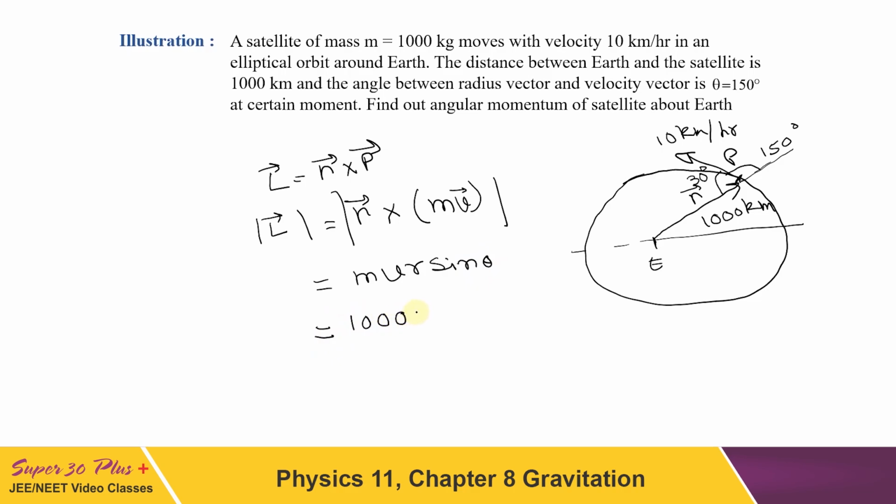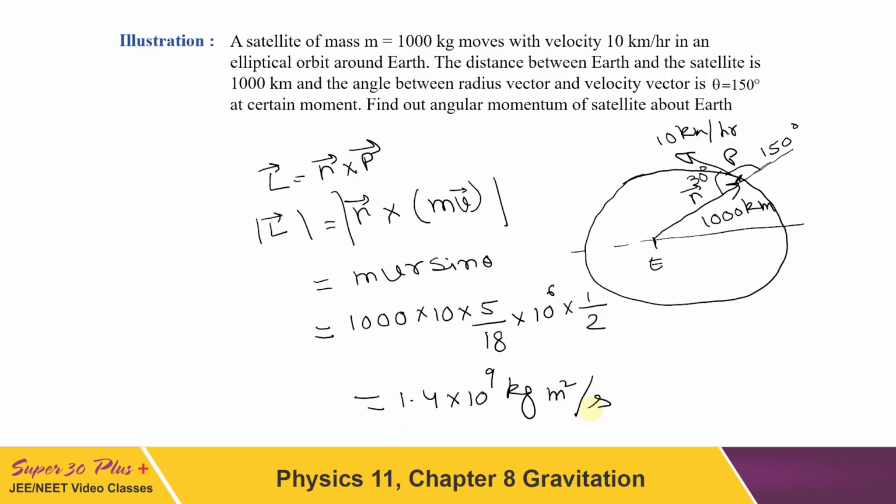It will be 1000 into 10 into 5 by 18, where I have converted it to meter per second, multiplied with 10 to the power 6, which is the distance in meters, and then sin 150 degrees, the value of which is 1 by 2. On solving this, the final answer will be 1.4 into 10 to the power 9 kg meter square per second. This is the angular momentum of the satellite about Earth.